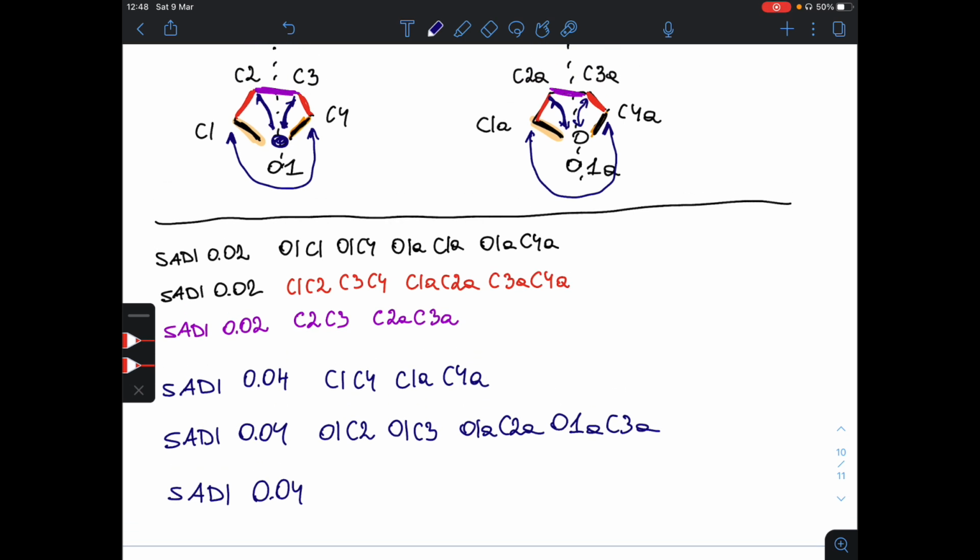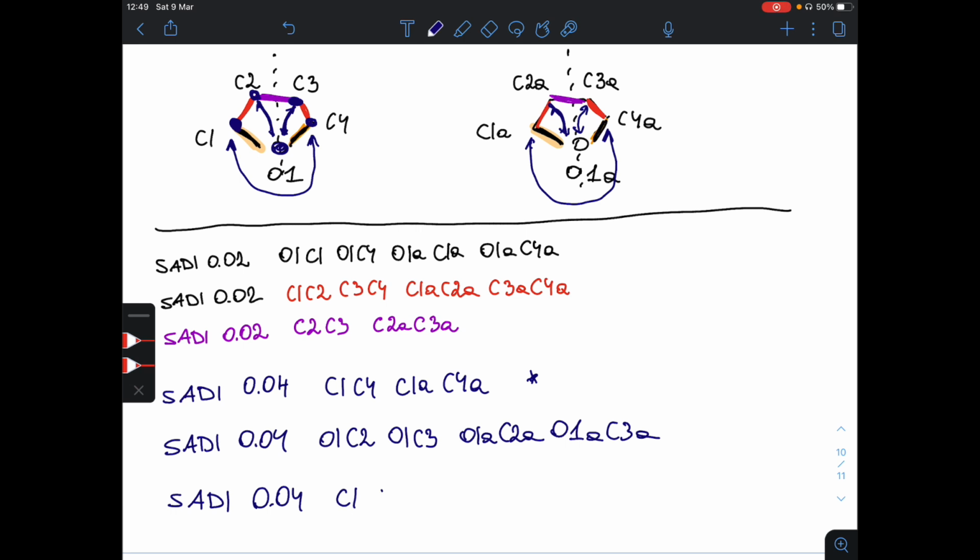Which distances do we still have to take care of? Distances from C1. We already took care of the C1 C4 distances, but we still have to do C1 C3, which is the same as C4 C2, and similarly in the other parts. So let's do it.